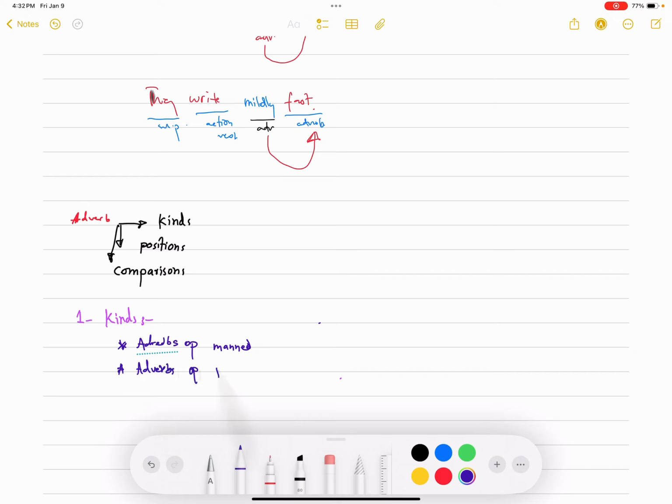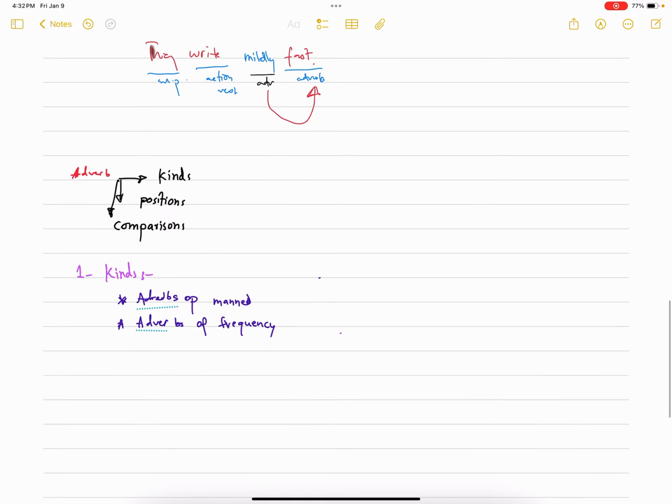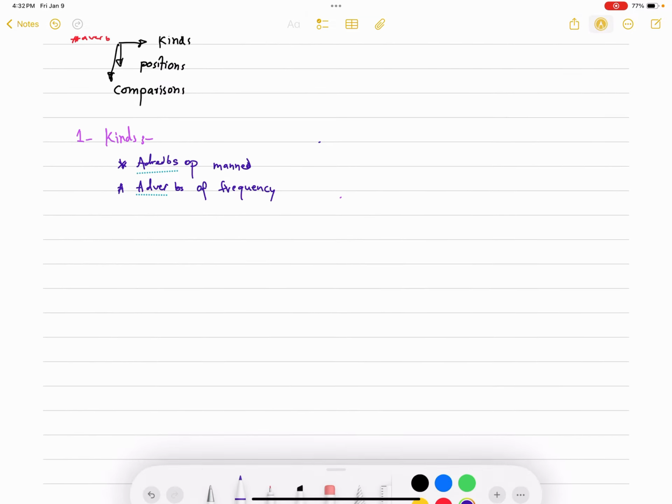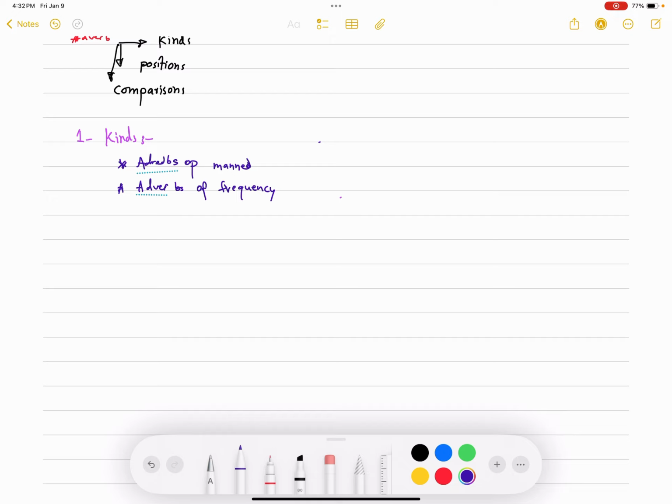Number 2, adverbs of frequency. Then I write adverbs of time. Adverbs of time. Then I write adverbs of place.